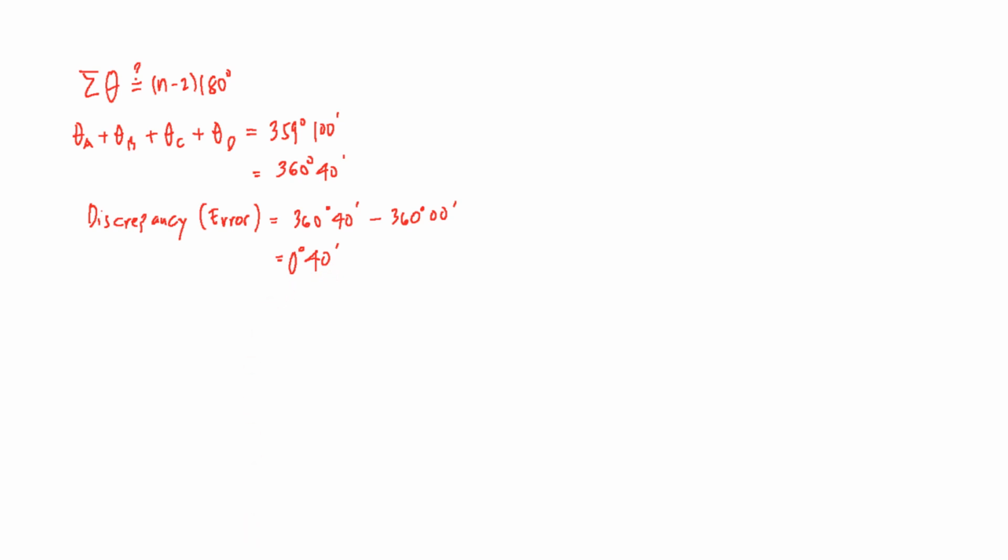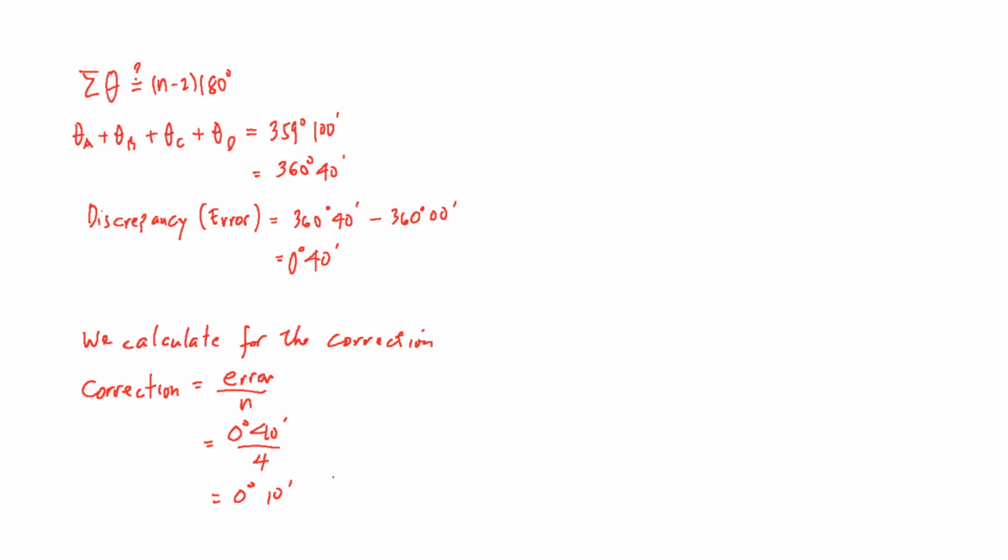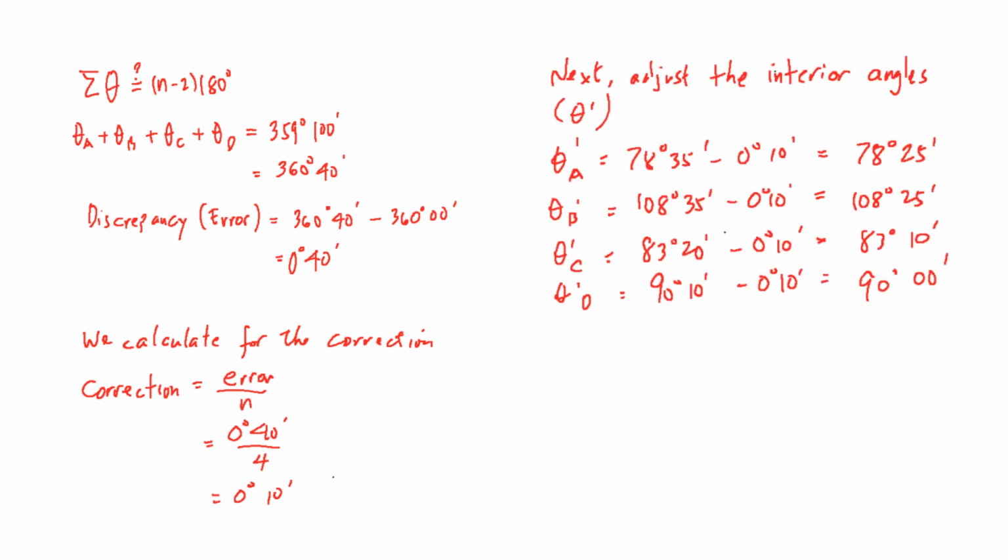What we do next is determine the magnitude of the correction to be applied for each interior angle, and we do that by distributing the total error of 40 minutes among the 4 interior angles. So each interior angle will receive a correction of 0 degrees 10 minutes. We label the adjusted interior angles as theta prime.